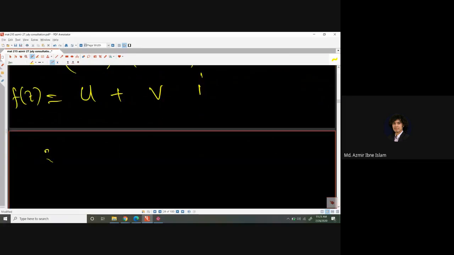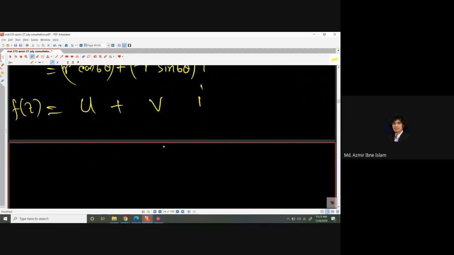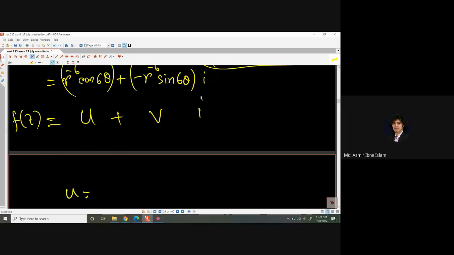So that means here we have figured out that u equals r to the power negative 6 cosine 6 theta, that is the real part, and v equals negative r to the power negative 6 sine 6 theta.